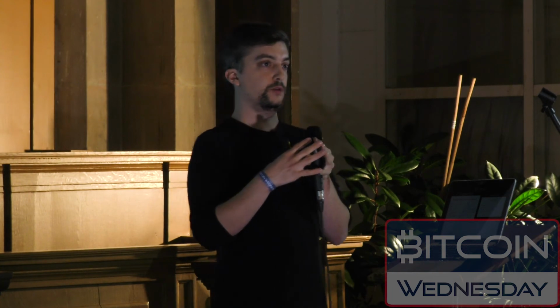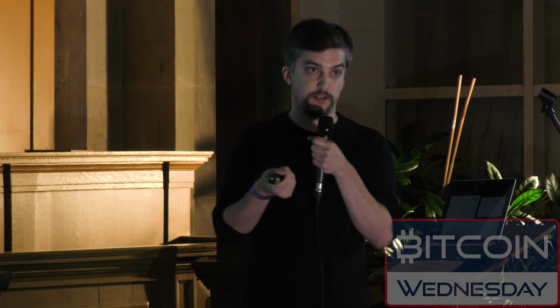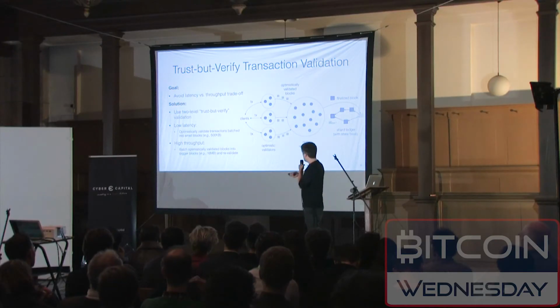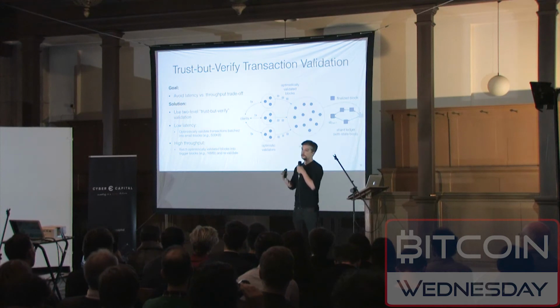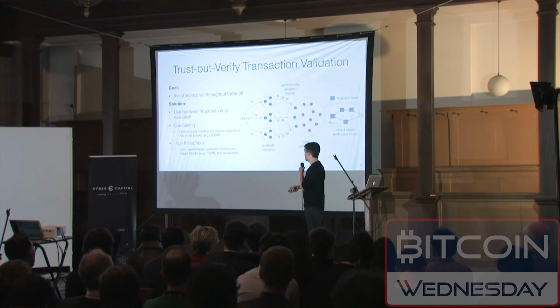Usually, in common cryptocurrencies, you can have either big blocks with a very high throughput, but then also a very high latency, or you have small blocks with a small throughput, but your transaction validation is very fast. By moving to a two-step validation process, you can actually work around that issue.